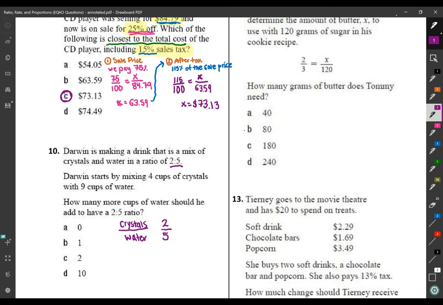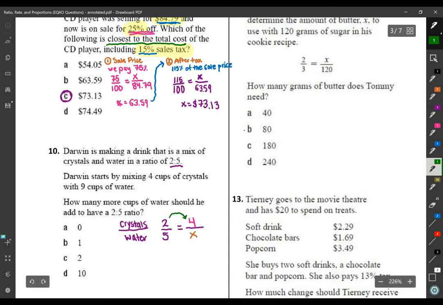Now, Darwin starts by mixing 4 cups of crystals. So we're going to put 4 here. And he adds 9 cups of water. But we want to know what is the correct amount of water that he should have with 4 cups of crystals. Well, if we keep the proportion the same, which we have to, we're going to look at the scale factor.